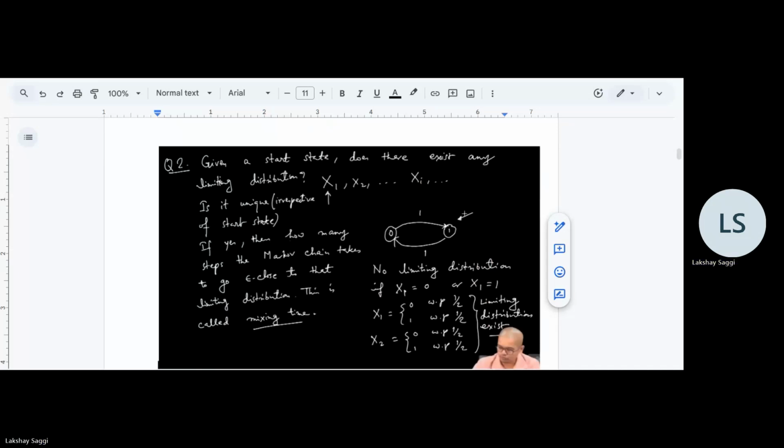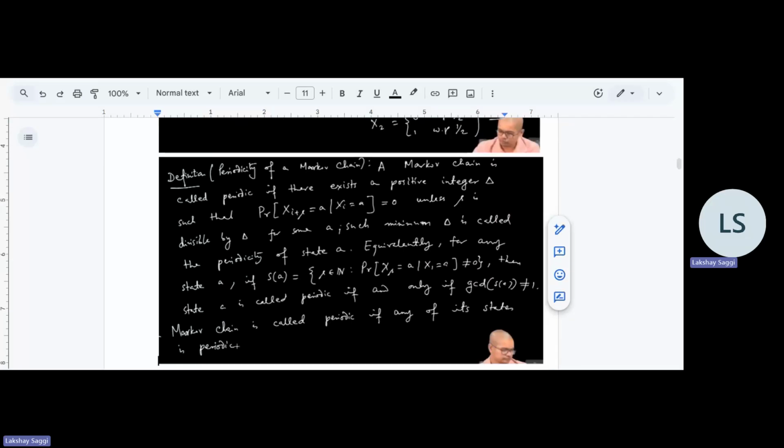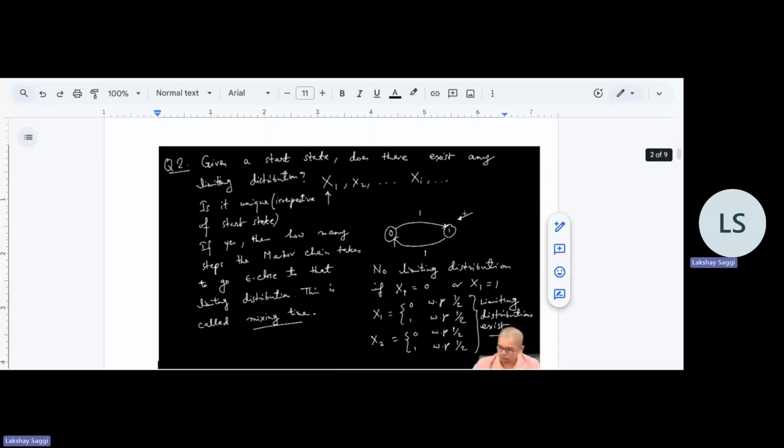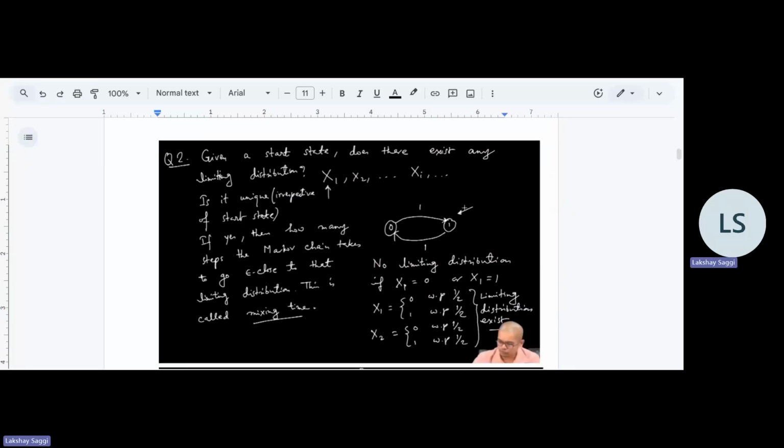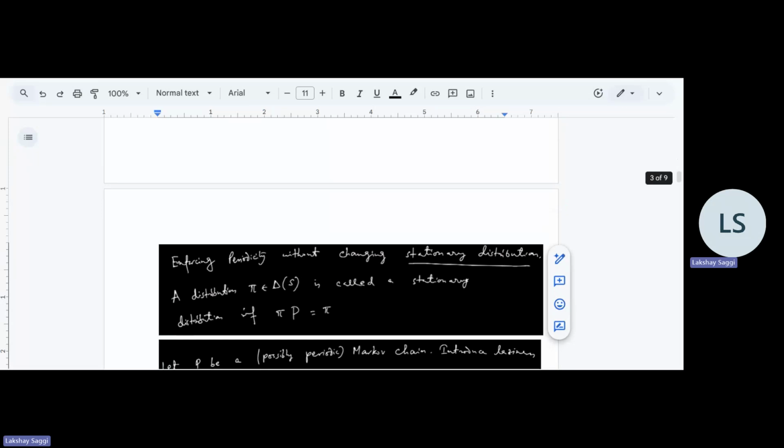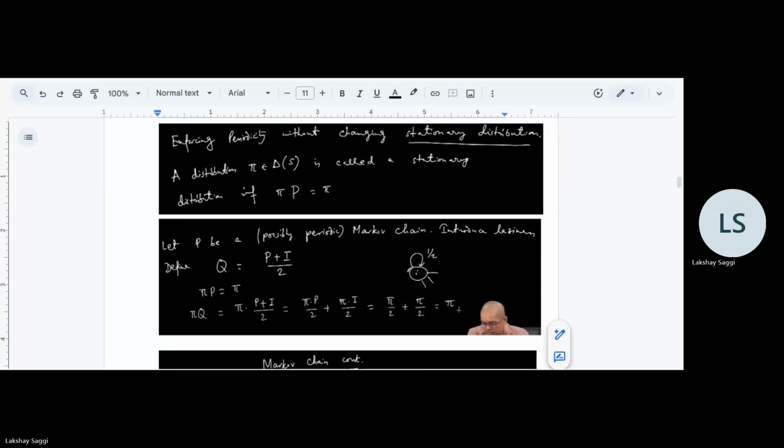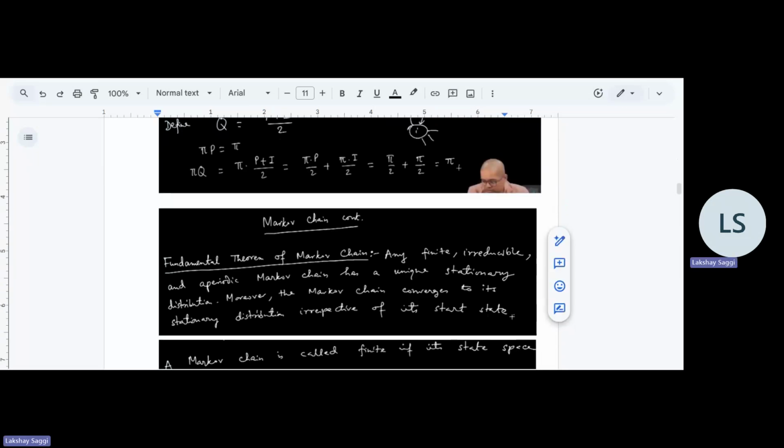So, what do we mean by limiting distribution? Okay, maybe the definition of limiting distribution will come later on.